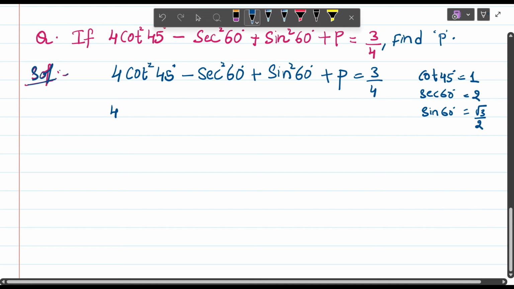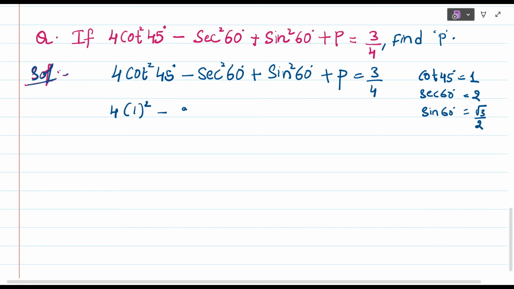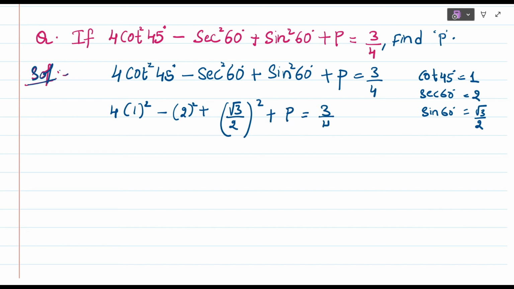Now we have to apply these values here and find the value of p. So 4 into 1 square minus 2 square plus root 3 by 2 whole square, sine square 60 degrees now, plus p is equal to 3 by 4. Okay. So 4 into 1 square gives 4 minus 2 square is 4 plus root 3 by 2 whole square.